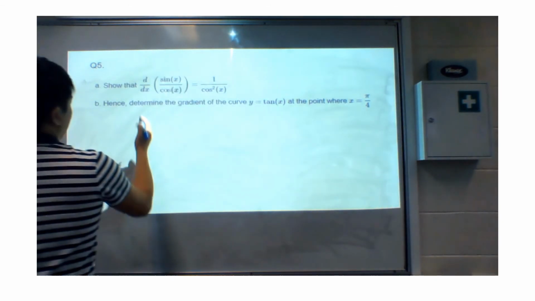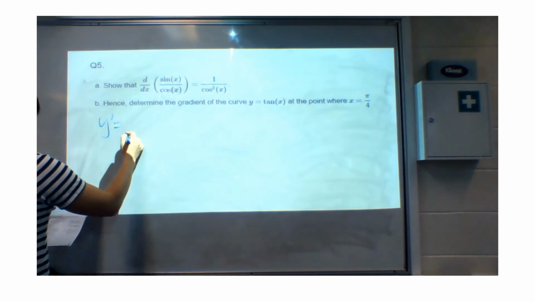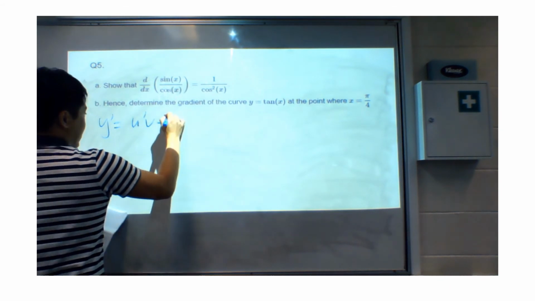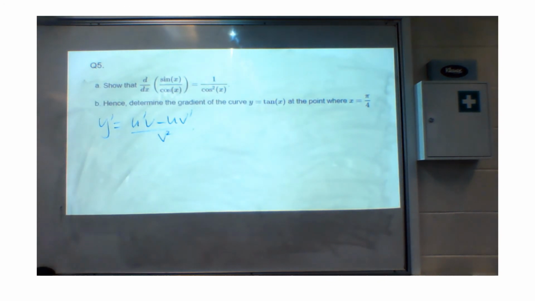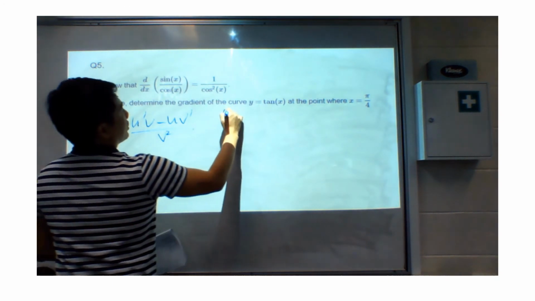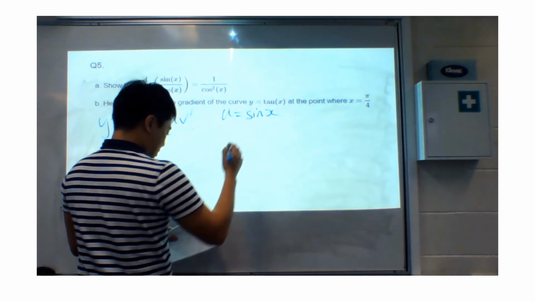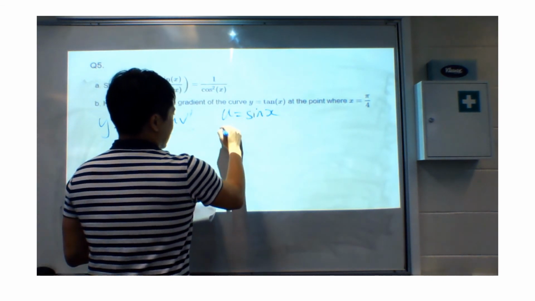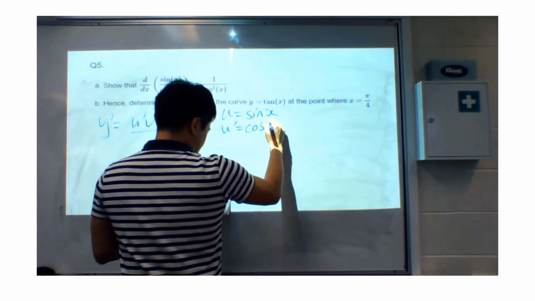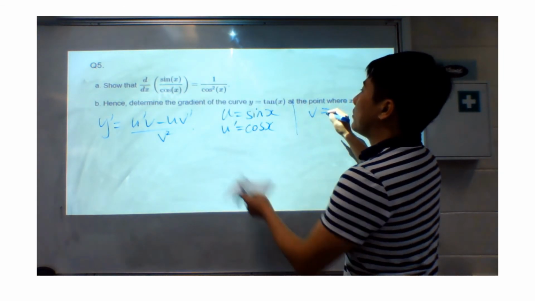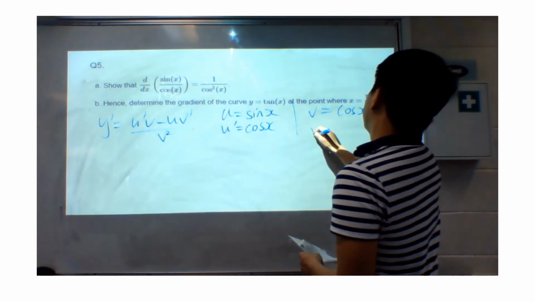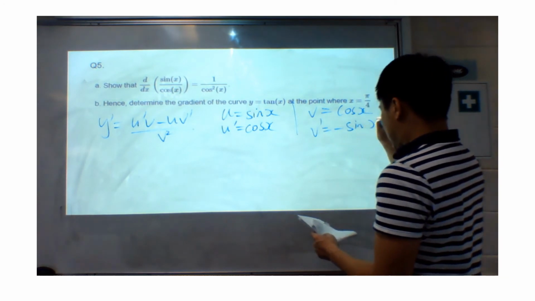So I know y dash is going to be u dash v, take uv dash, over v squared. I'm going to let u equal sine x, and then u dash will be cos x. And v would be cos x, v dash is negative sine x.